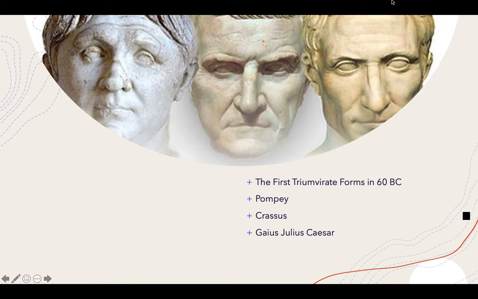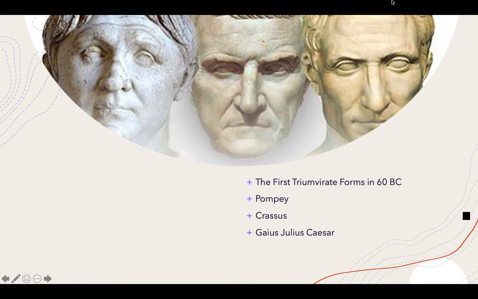Okay? A triumvirate is simply a Latin word meaning 3 rulers, okay? 3 leaders. These 3 men were Pompey, Crassus, and Julius Caesar. Okay, now they have longer names, like Pompey's Gnaeus Pompeius Maximus, and Crassus is Marcus Licinius Crassus, and Caesar's Gaius Julius Caesar.